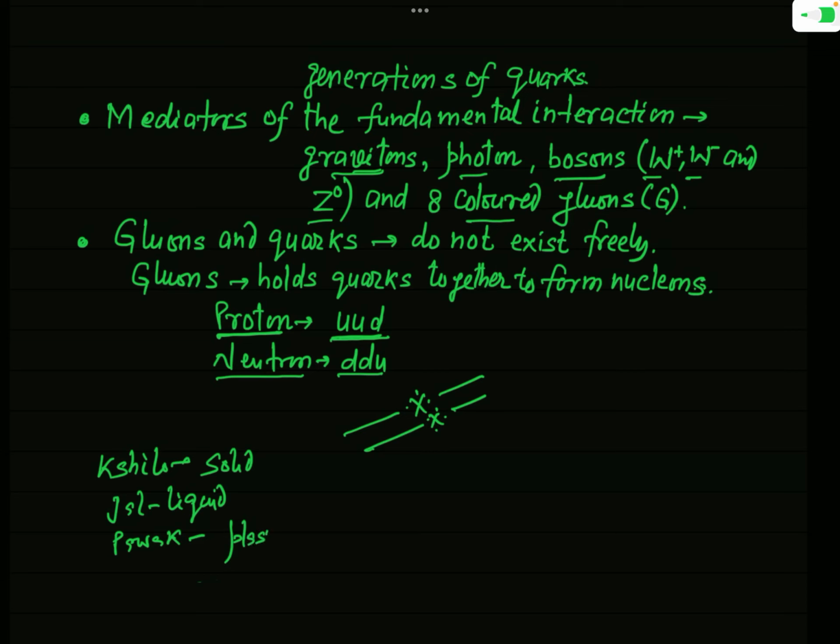And gagan represents the gaseous state, you can say gas. And samira represents the fluid states of matter.